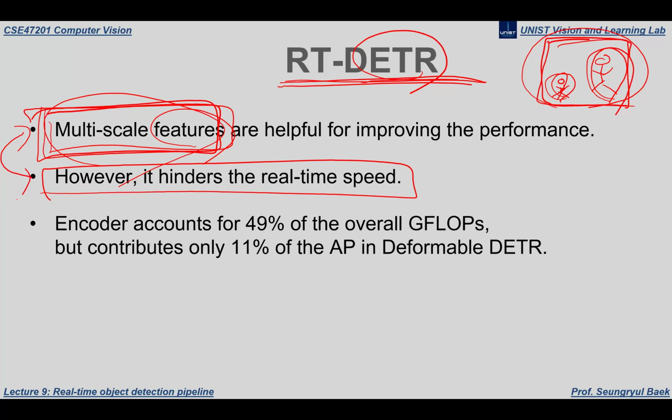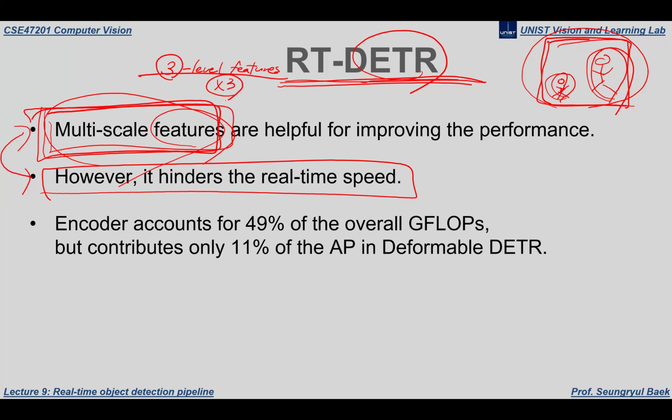there's a trade-off between these two. If we extract multi-scale features, for example, if we want to capture three levels of features, that means we may have to pay three times the time complexity.